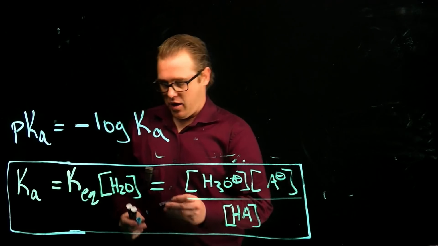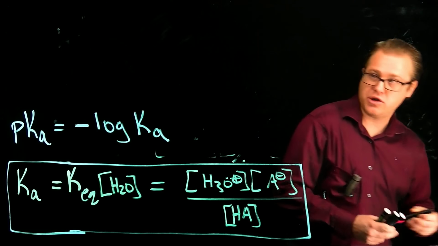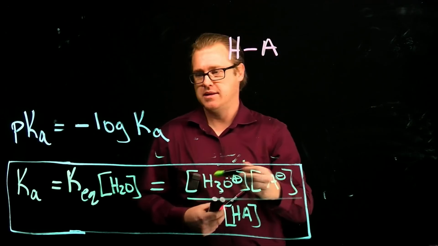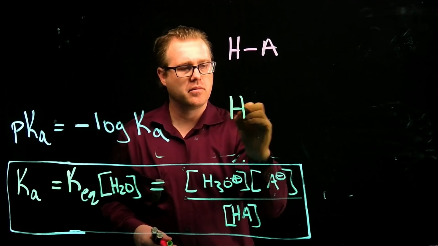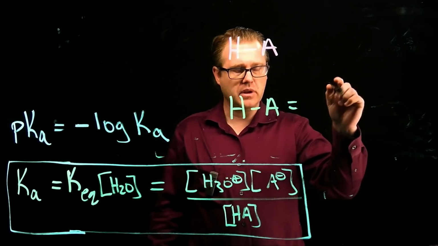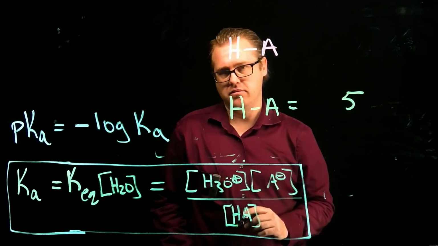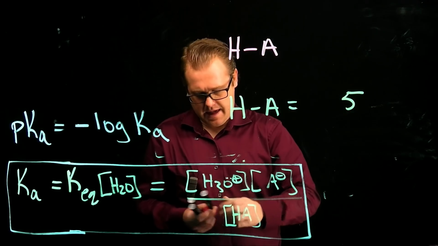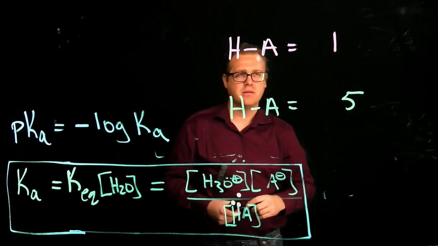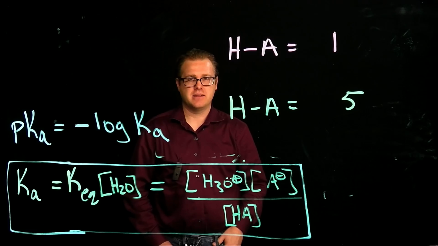So now when we compare two acids, let's do a pink acid versus, let's say, the green acid. Now, if the green acid had a pKa of 5, and the pink acid had a pKa of 1, which one is the stronger acid in this case?